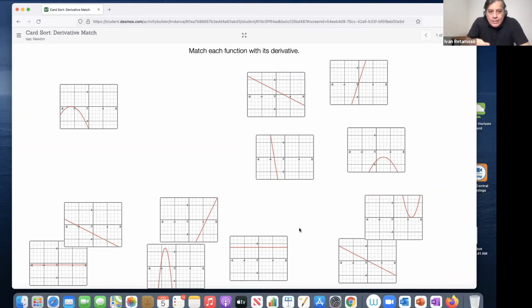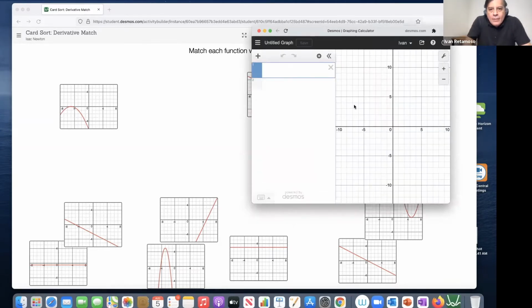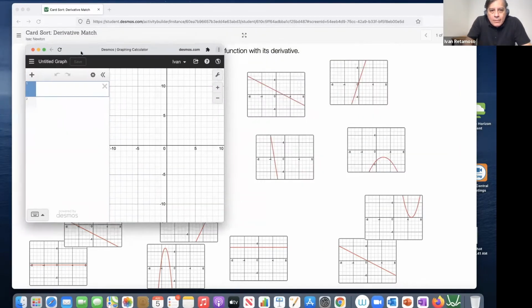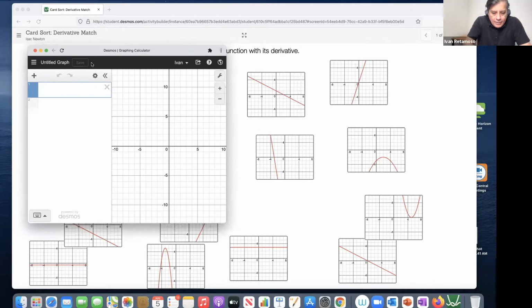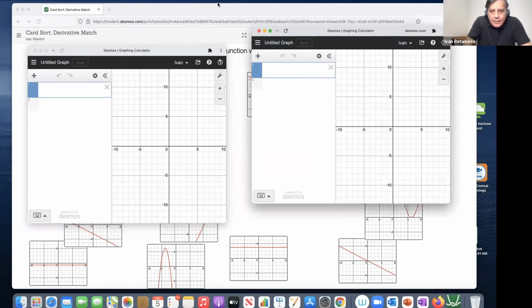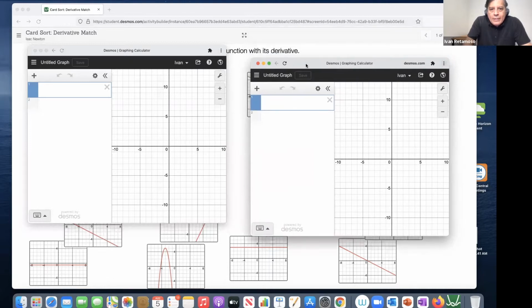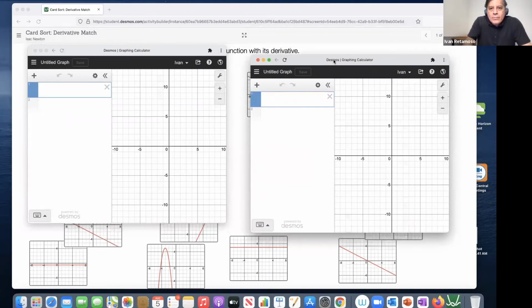But before we go there, I am going to show you our Desmos graphing calculator, and I'm going to show you the main relationships between a function and its derivative, graphically speaking.